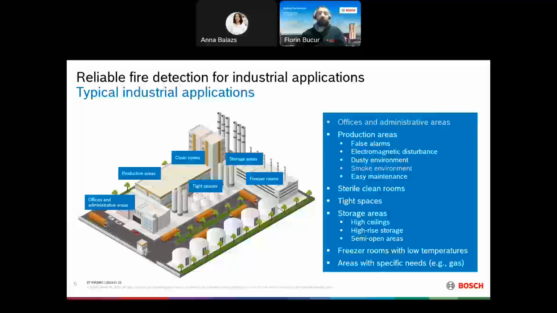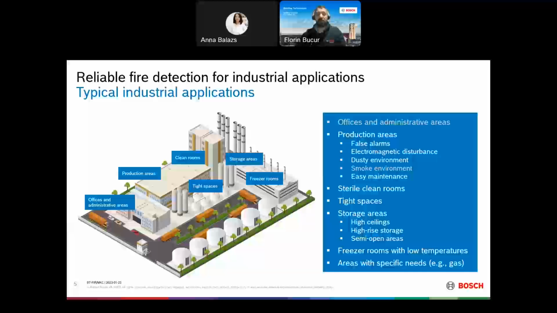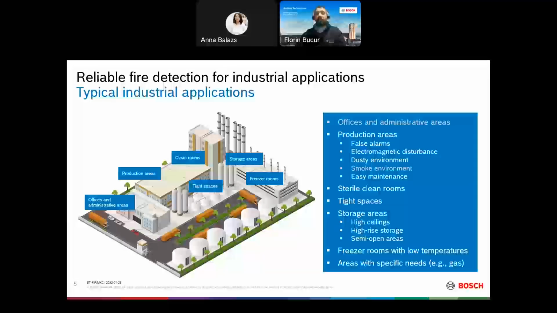In the production areas, we have to minimize the risk of false alarms, first of all, so we need a very robust system. We have a lot of electromagnetic disturbances in production that contribute to this challenging environment. We can have, for example, a dusty or smoky environment that makes detection with traditional methods quite challenging.